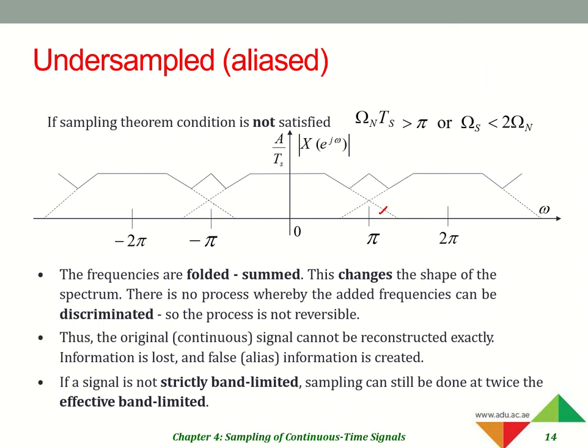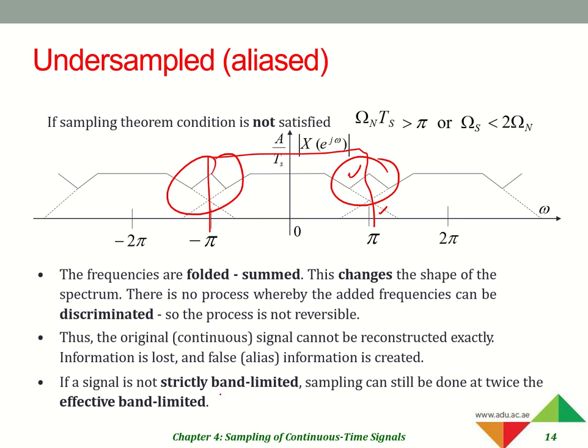In this case if we apply a low pass filter here, we will get this signal, which is not actually our original signal, because here we have a change in the shape of the spectrum. So this is called the undersampling condition. In this case aliasing will happen and you will not be able to reconstruct.